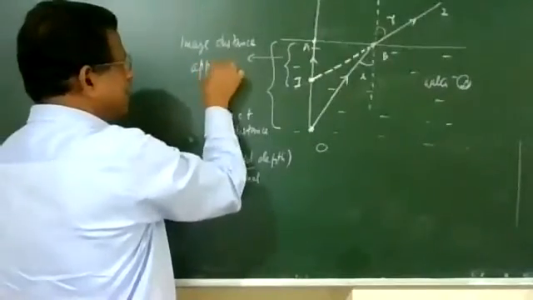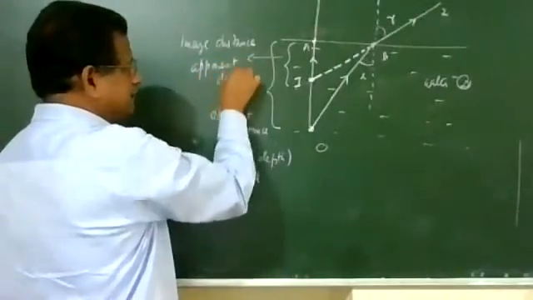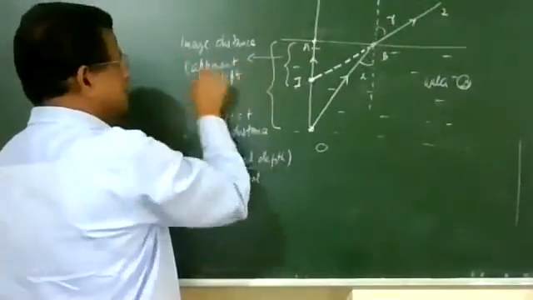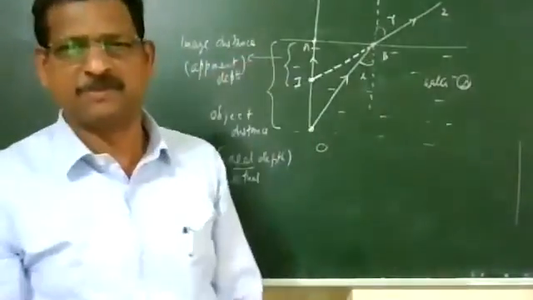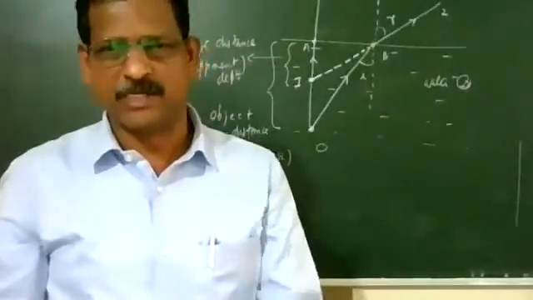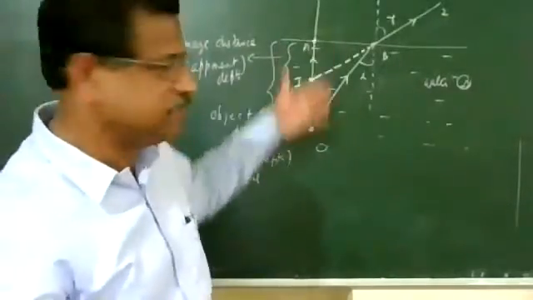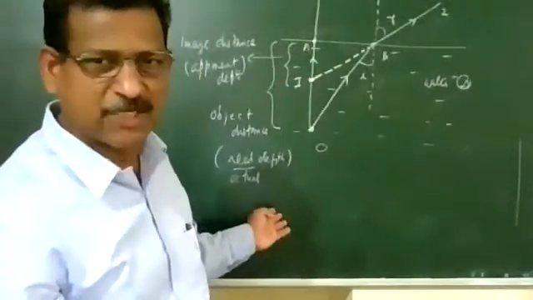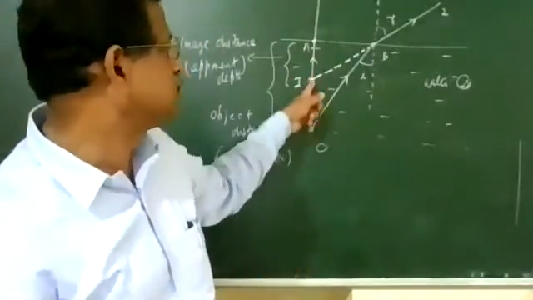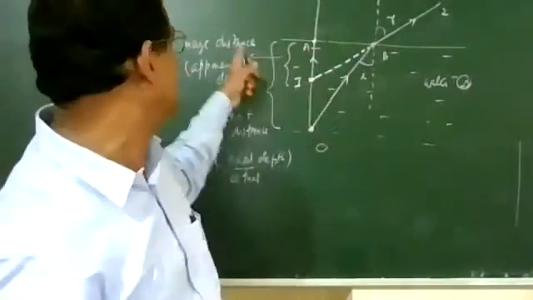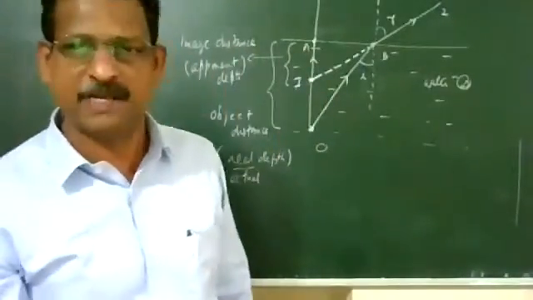So the object distance, call it actual depth or real depth, and the distance of the position of the image, call it apparent depth.